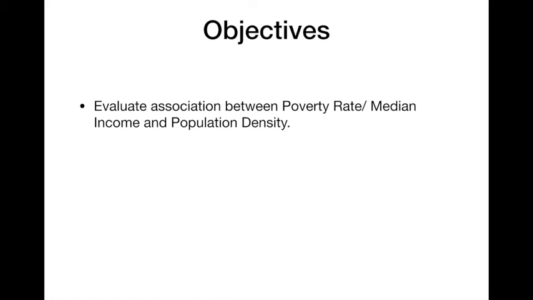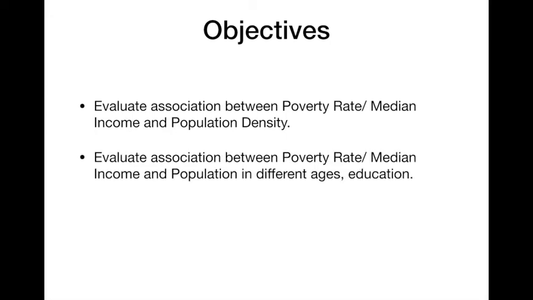To achieve our goal, we have three objectives. The first one is to explore the relationship between poverty rate or median income and population density. When we make sure there is a relationship, we could explore more specifically the population, such as population in different ages and different education levels.